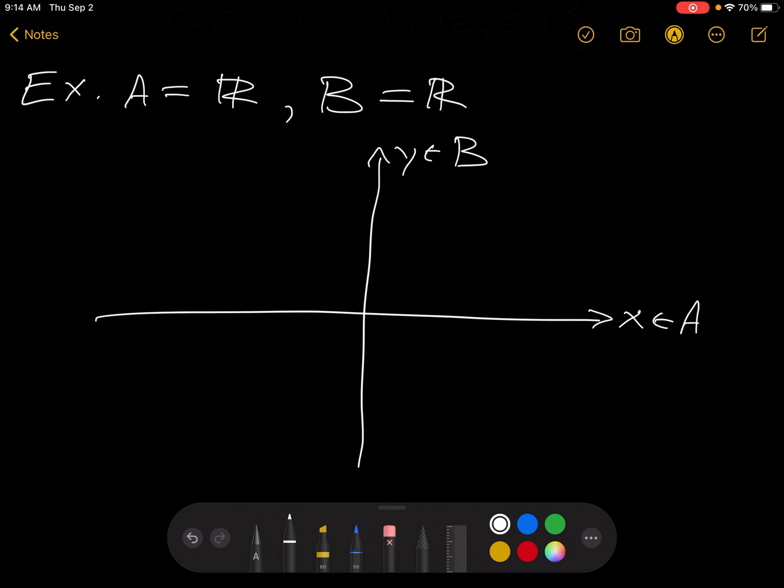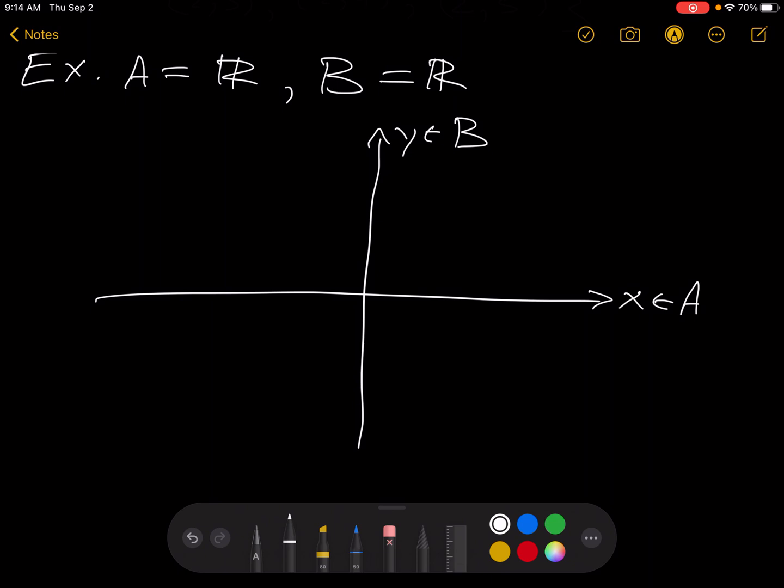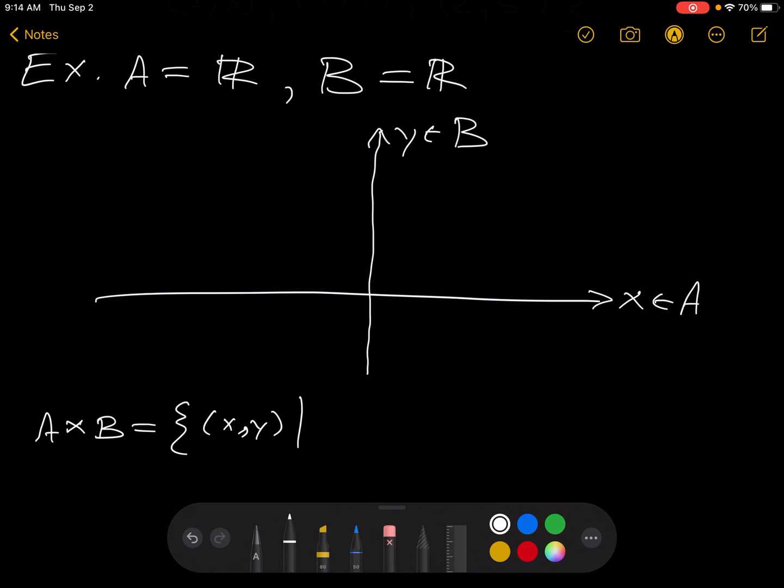So let me give myself a little more room here. So I'm going to make this a little smaller. By definition, A cross B is the set of all (x, y), points (x, y), such that X is in A and Y is in B.